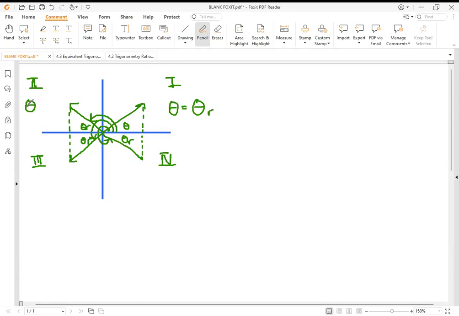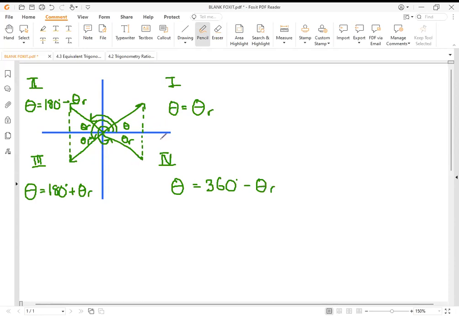But in quadrant 2, your big angle is 180 degrees minus that small angle. In quadrant 3, the big angle is 180 degrees plus your small angle. And for quadrant 4, your big angle is equal to 360 minus that little acute angle.